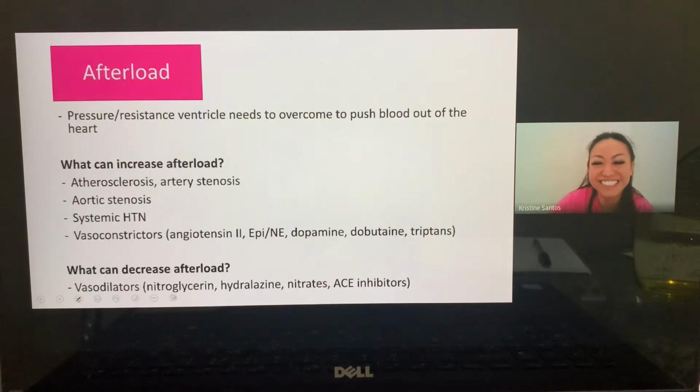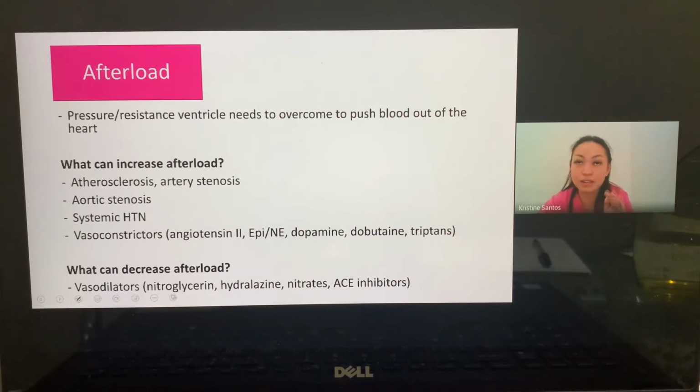Okay. The last one is afterload. Afterload refers to the pressure that the left ventricle needs to overcome to push blood out of the heart. Okay? So, things that can increase afterload. Afterload refers to the pressure or the resistance that the ventricles need to overcome to push blood out.